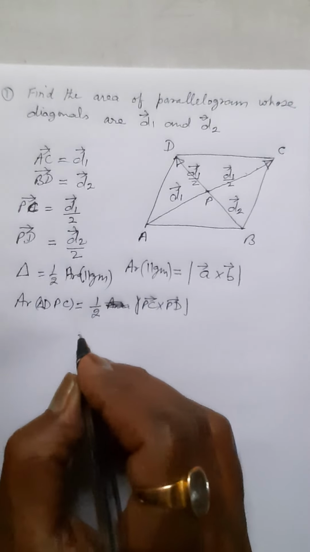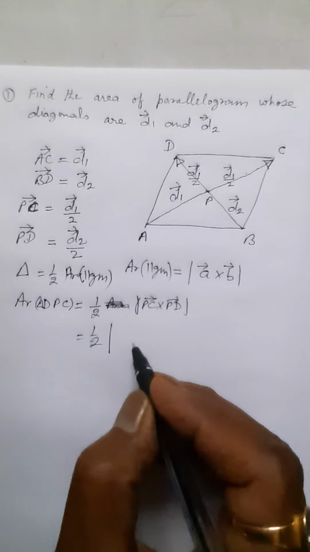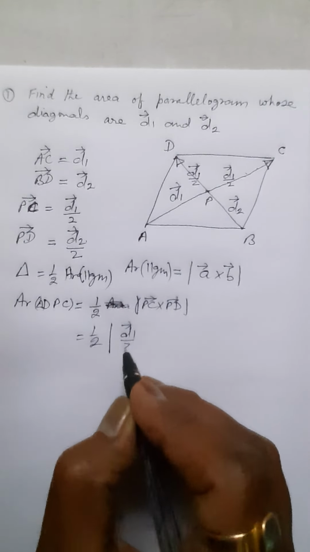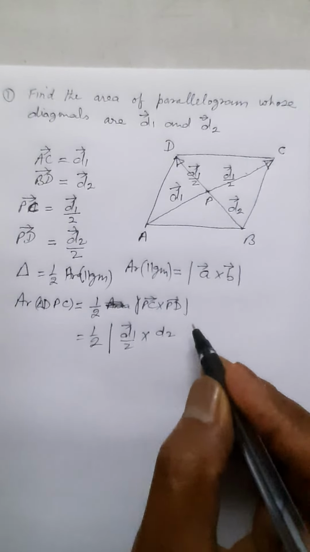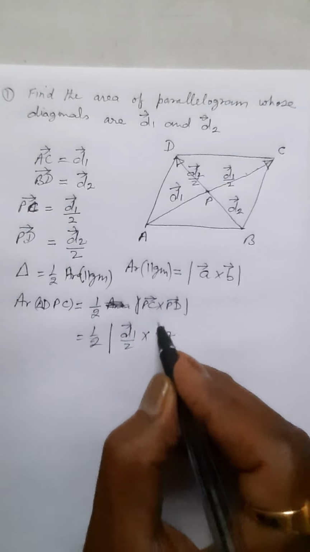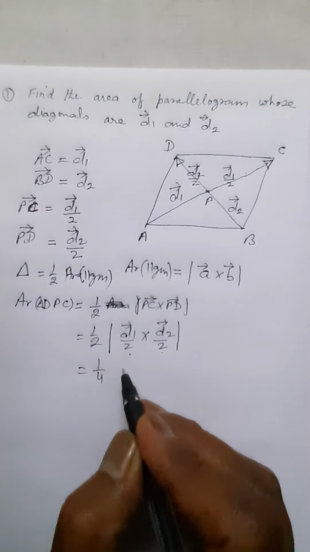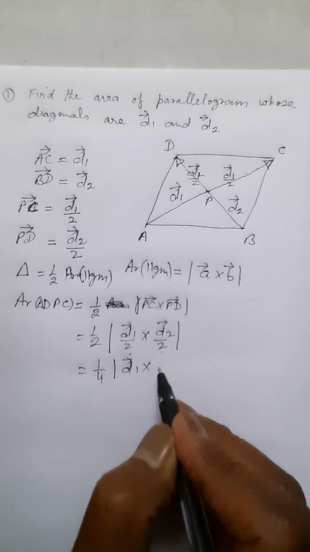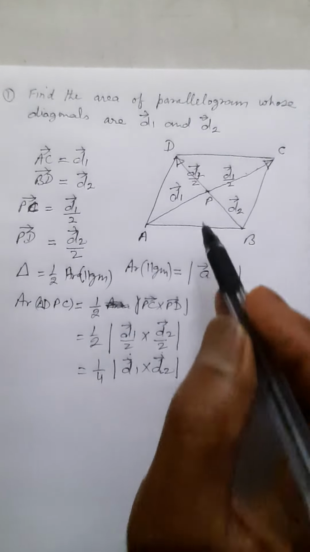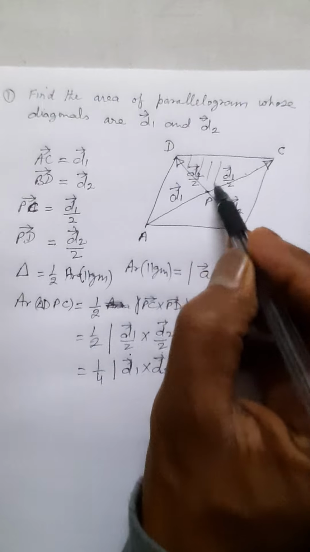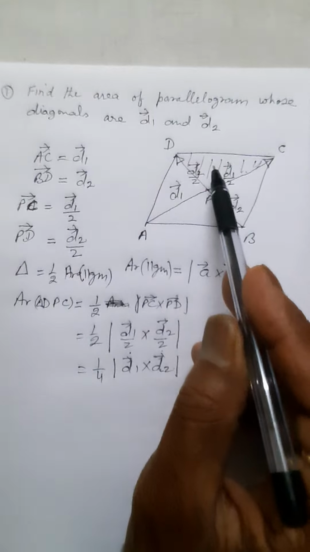So vector PC is defined as d1 by 2, cross vector PD, which is d2 by 2. One by 4 is outside, d1 cross d2. Now this is the area of triangle DPC.